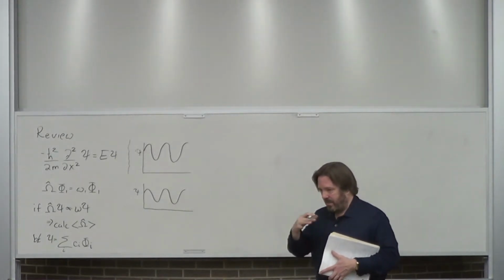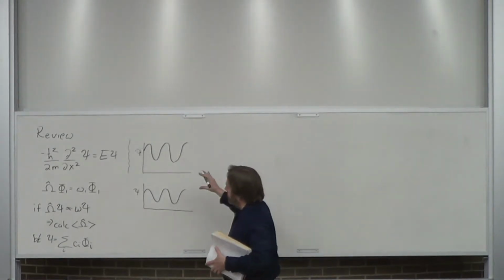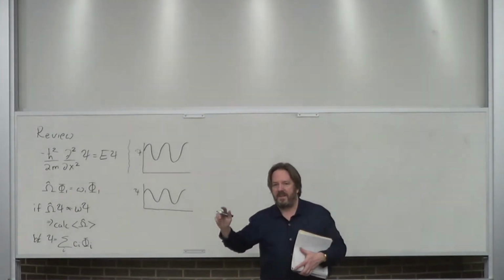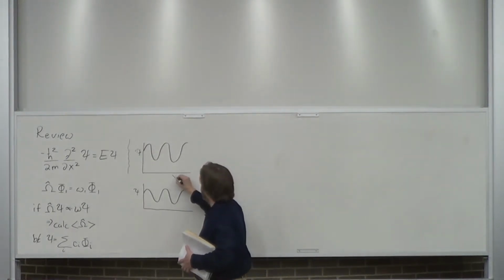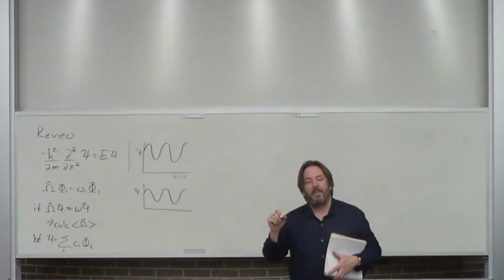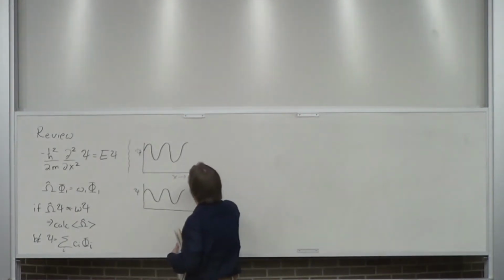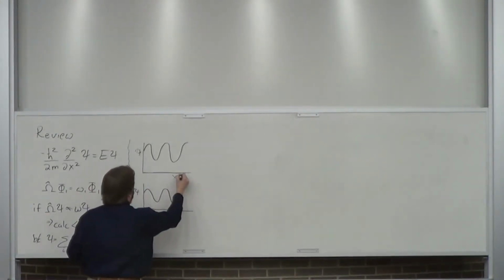Now, to put a better picture of that, I'm going to draw two graphs on top of each other. Right now, this is a graph of a wave function versus x, right? Okay, I'm going to draw on top of that a potential energy surface. So I'm going to draw a new graph, and it has the same x-axis.